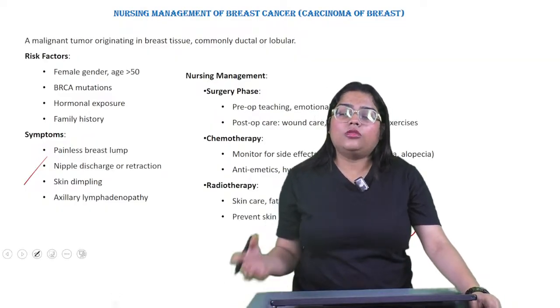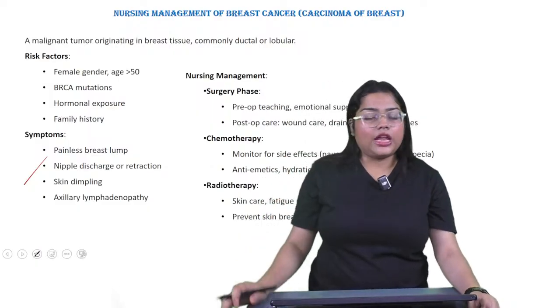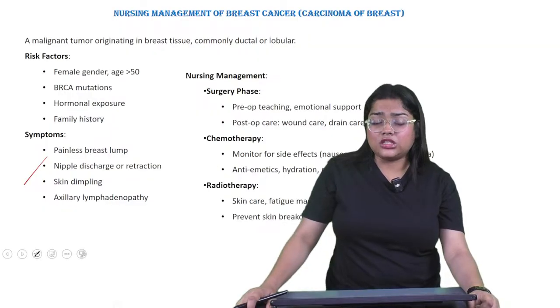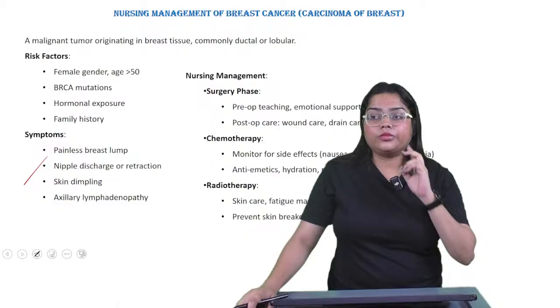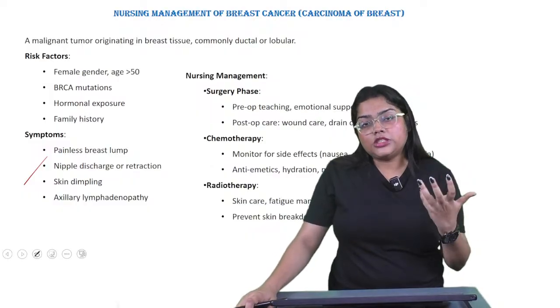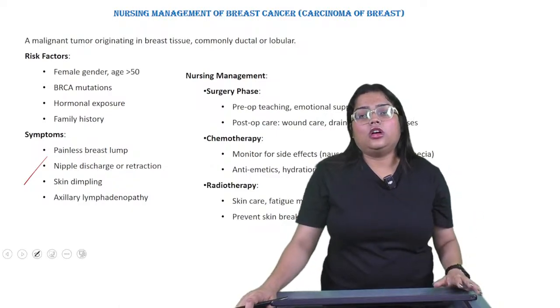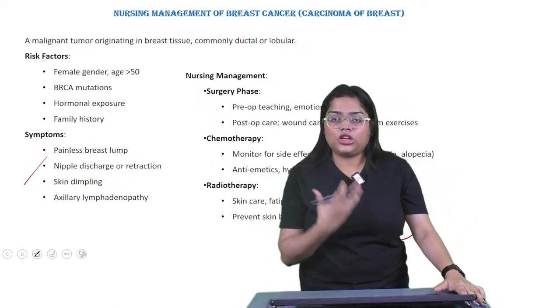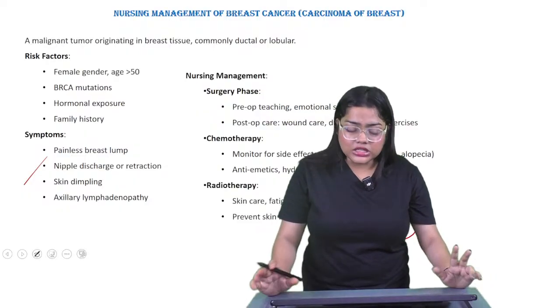Sometimes mastectomy can happen, so the surgeon will remove the whole breast. The woman patient can feel very low or depressed about her body image, so we can give mental support.